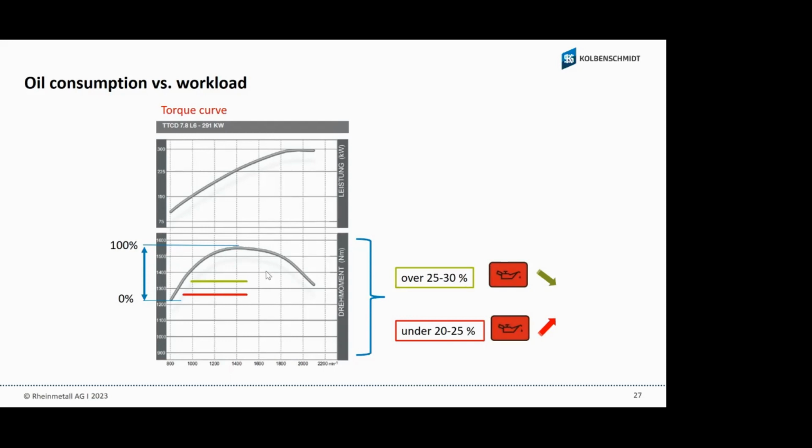And when the situation is in the field, then we have less load in the lifetime, and then we are under 20 to 25% of the load, and then the oil consumption increases. And most of the engines run perfectly, everything is perfect, at maybe 25 to 30% or more.